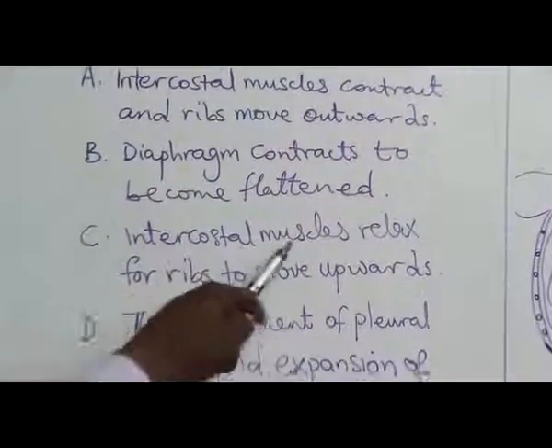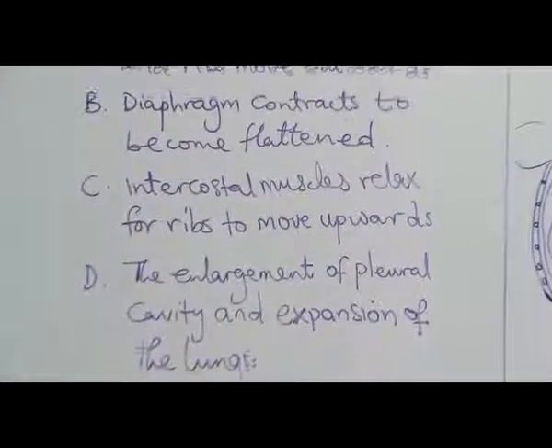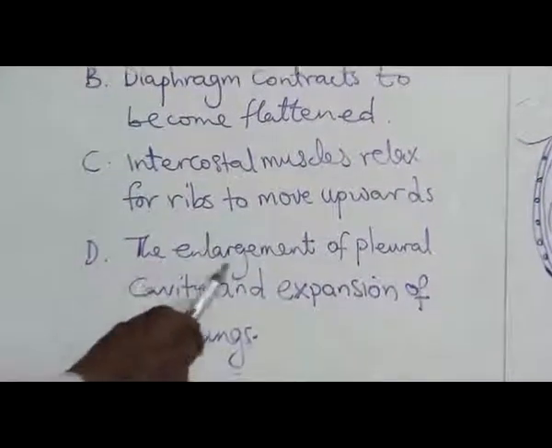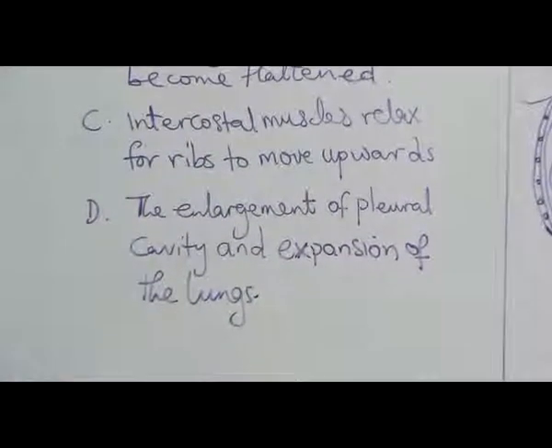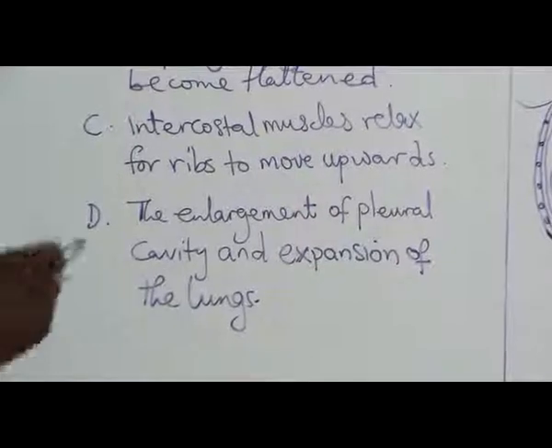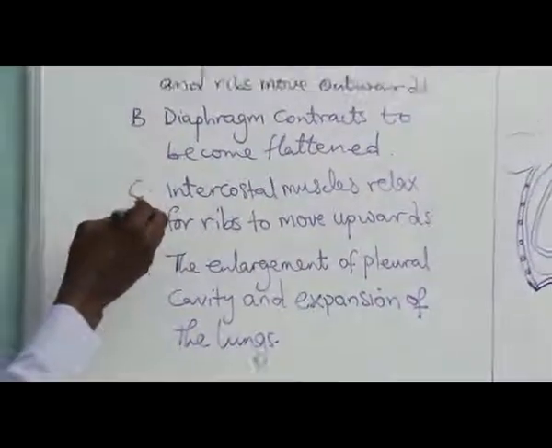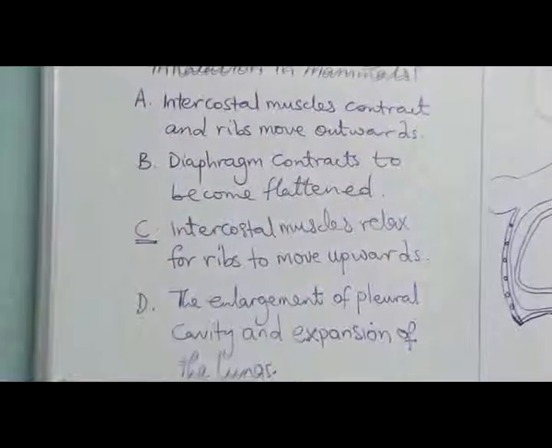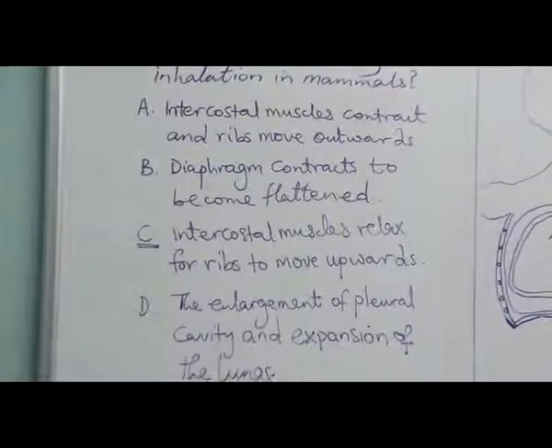C. Intercostal muscles relax for ribs to move upward. That is not correct. D. The enlargement of the pleural cavity and expansion of the lungs makes air flow in. That's correct. So the answer to the question, which is the exception to this process, is C, intercostal muscles relax for ribs to move upwards.